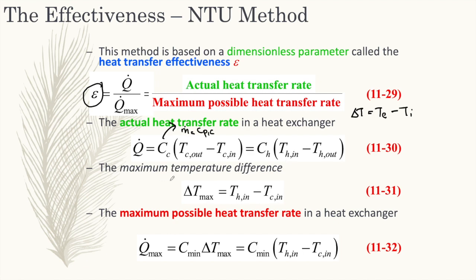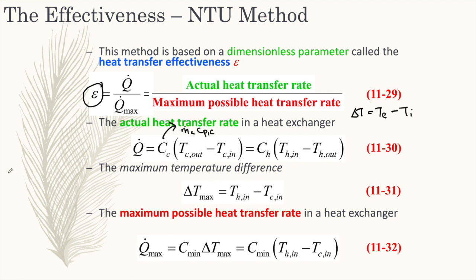Now, for the maximum temperature difference, from here we calculate the maximum possible heat transfer rate. The maximum possible heat transfer rate comes from the maximum temperature gradient that the system can achieve. Why does this equation become TH in minus TC in?